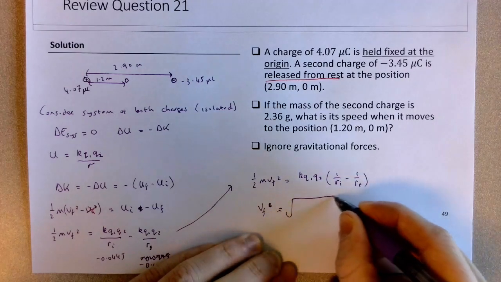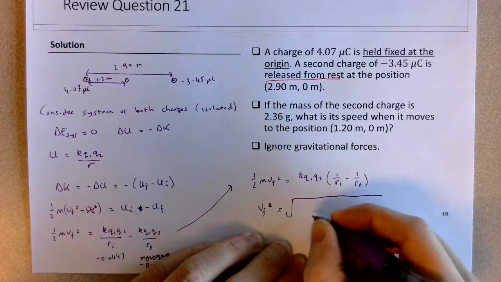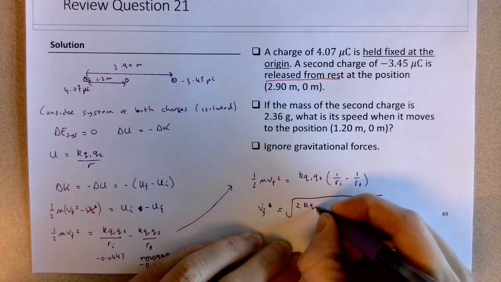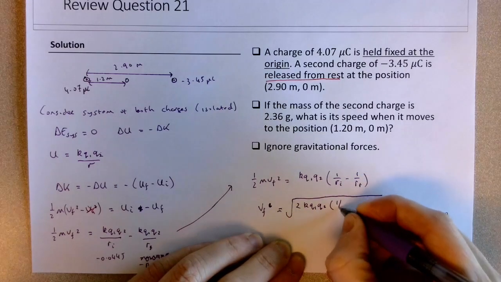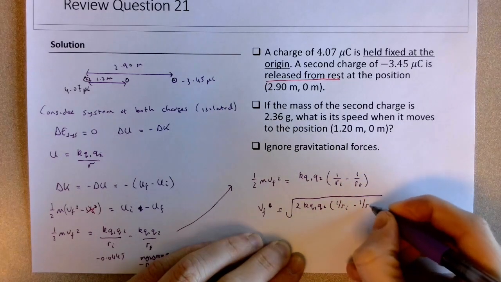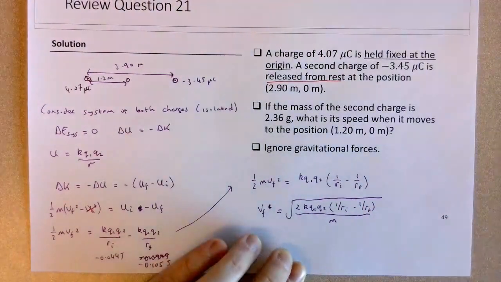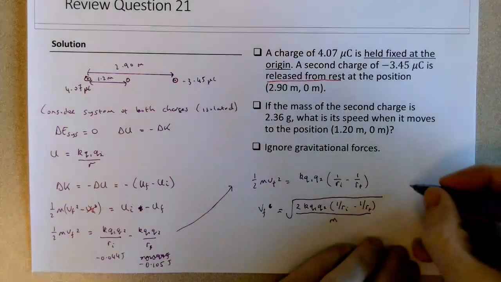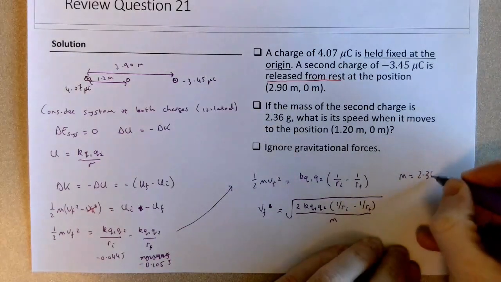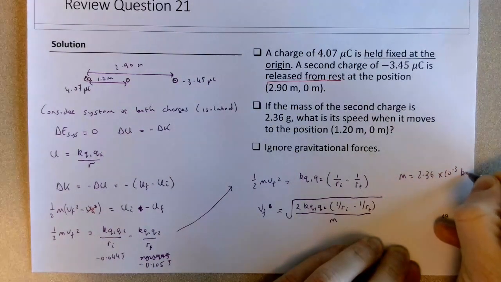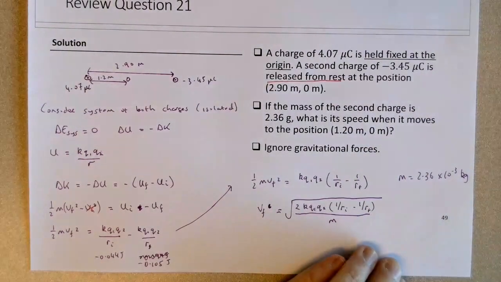I'm taking the square root, quite a bit of algebra. So 2 times k, Q1, Q2, 1 over ri minus 1 over rf, all divided by the mass of the particle, 2.36 grams. Remember to convert that to 2.36 times 10 to the minus 3 kilograms, so everything's in SI units.